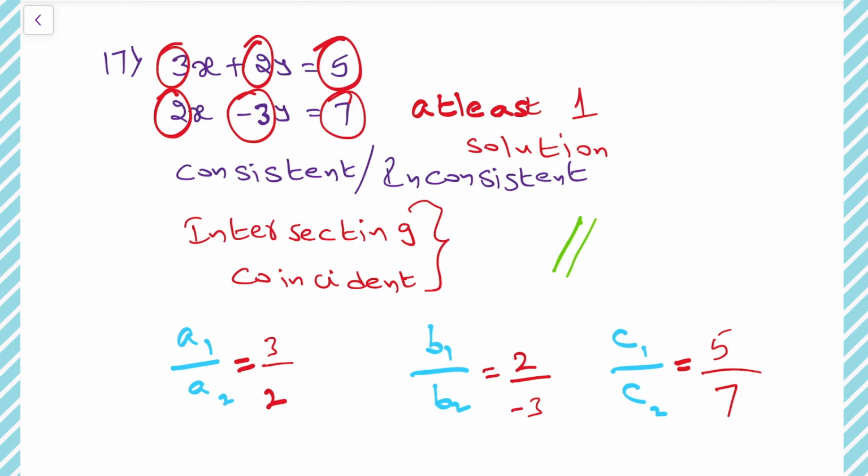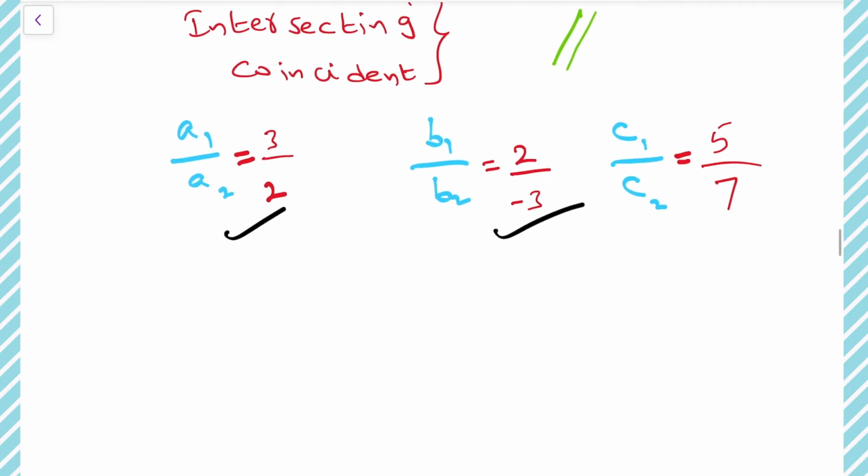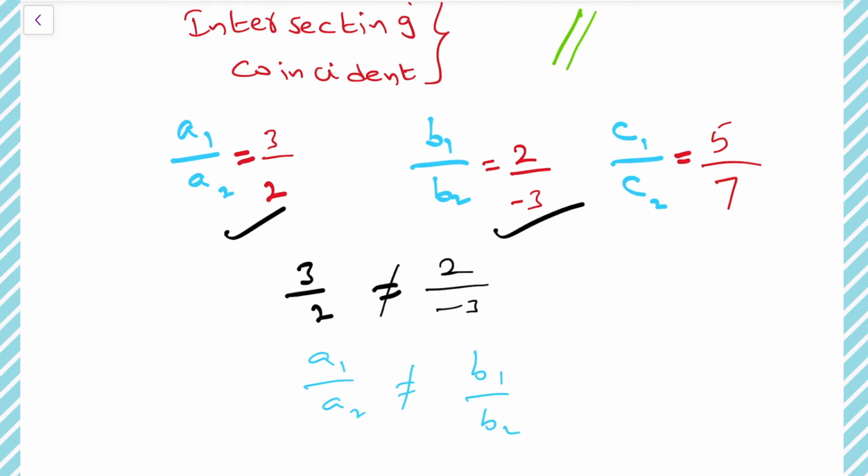So now we observe whether all these three ratios are equal to each other or not. Here the first one is 3 by 2 and this is 2 by minus 3. 3 by 2 and 2 by minus 3 are not at all equal. So I can say that 3 by 2 is not equal to 2 by minus 3. That is the same as A1 by A2 not equal to B1 by B2.